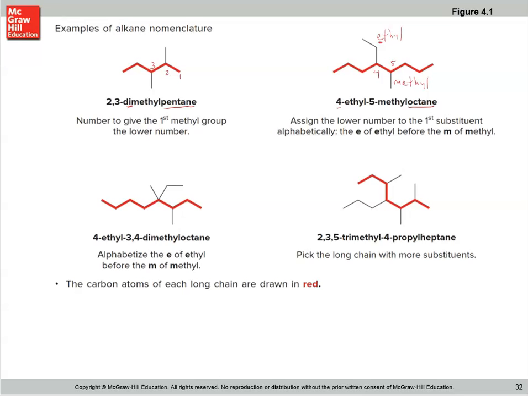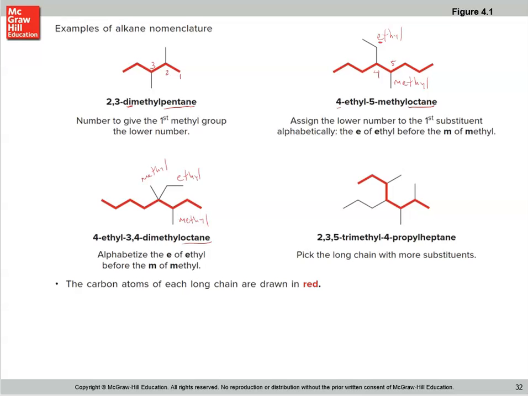Now we'll go down to this compound, which has 3 different substituent groups. We have methyl, ethyl, propyl, butyl, pentyl, hexyl, heptyl, octyl, octane. And we have a methyl group, an ethyl group, and another methyl group.